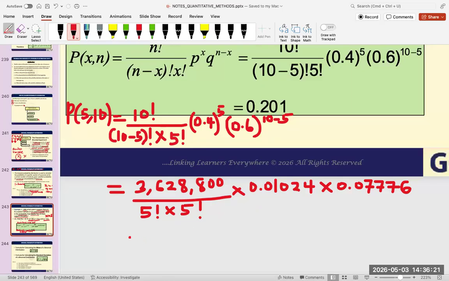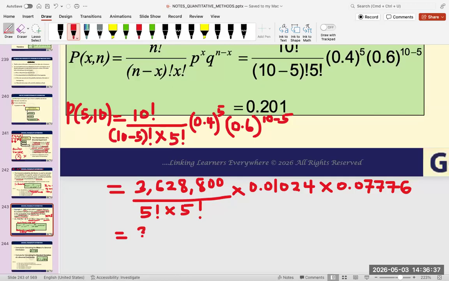So those of you who are not seeing what we are doing in terms of the calculation, please don't worry. I can show you on your calculator next week. So let's do the down one and then we put all together.